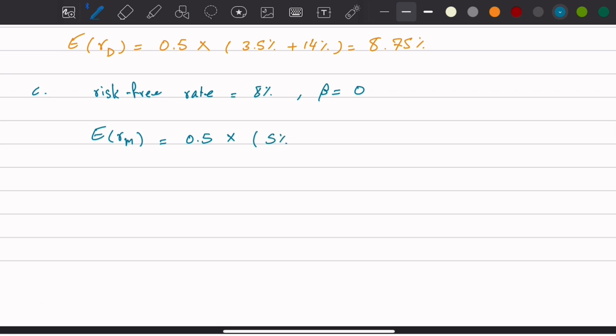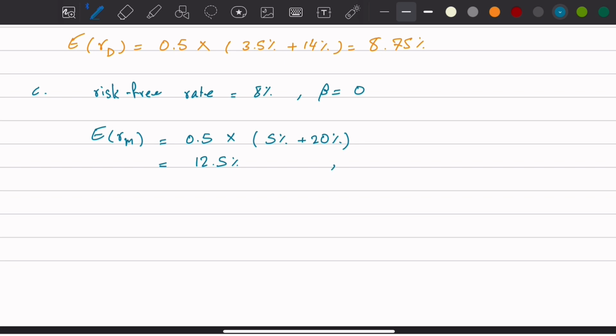Okay, so 5% plus 20%, and that is going to equal 25% multiplied by 0.5, and that would be 12.5%.